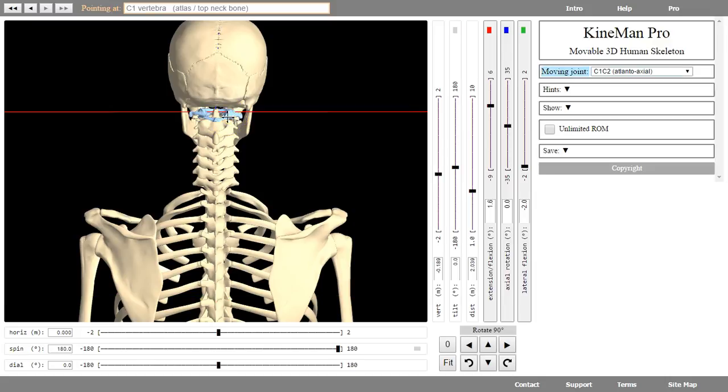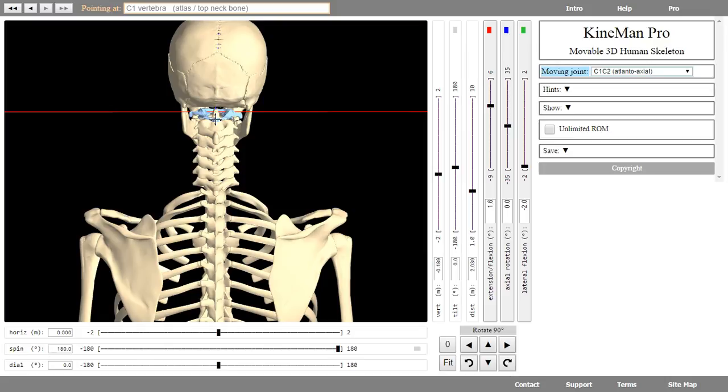So highlighted in blue, we can see C1, also known as the atlas. Here we could also see that it is superiorly articulated with the occipital bone of the skull. And together, these two form what is known as the atlanto-occipital joint, which consists of a pair of condyloid joints.